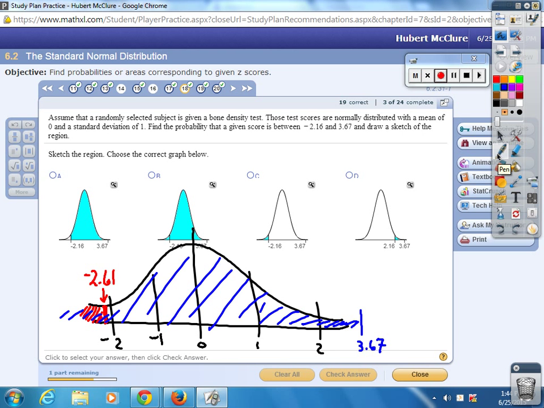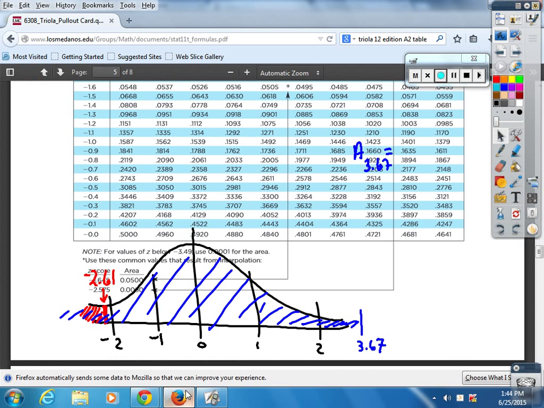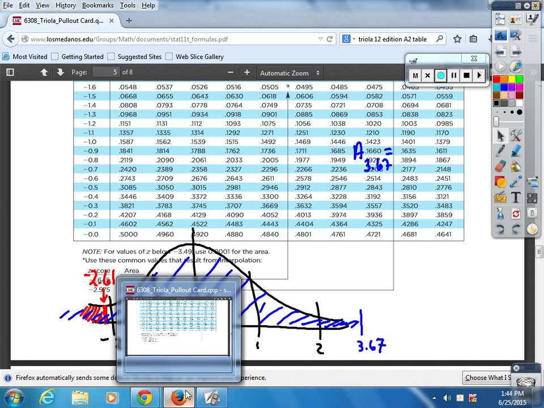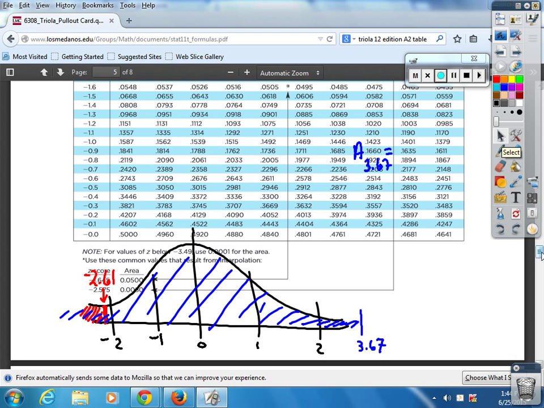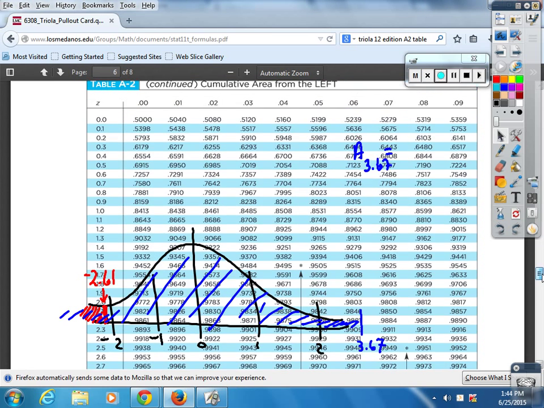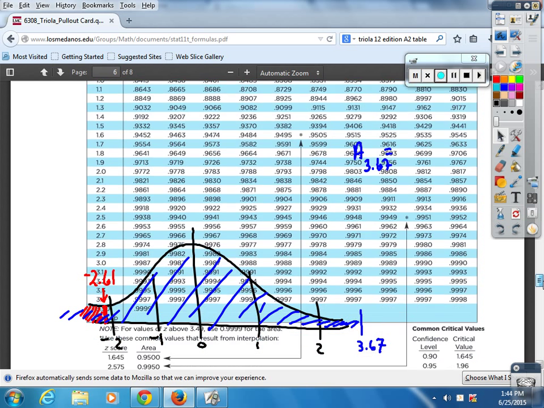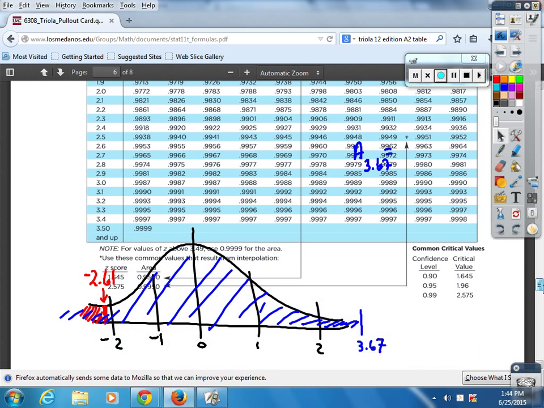The area for 3.67 is going to be in blue. 3.67 is what? 0.9999. So we put that down.